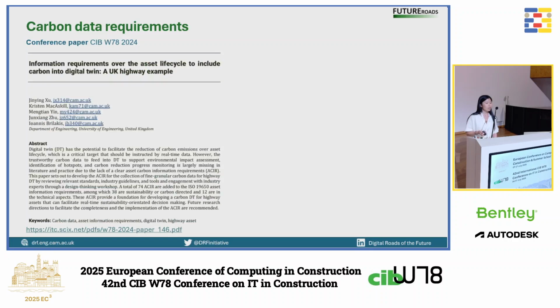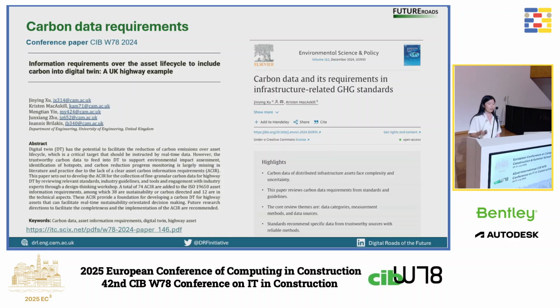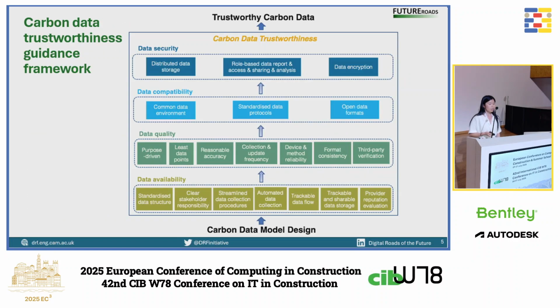And last year in CIB W78, we continued to work on the information requirements over the asset lifecycle to include carbon into digital twin. And then we also have another paper about the carbon data requirements and how they are related in the standards. So this paper is more like an extension of that research.